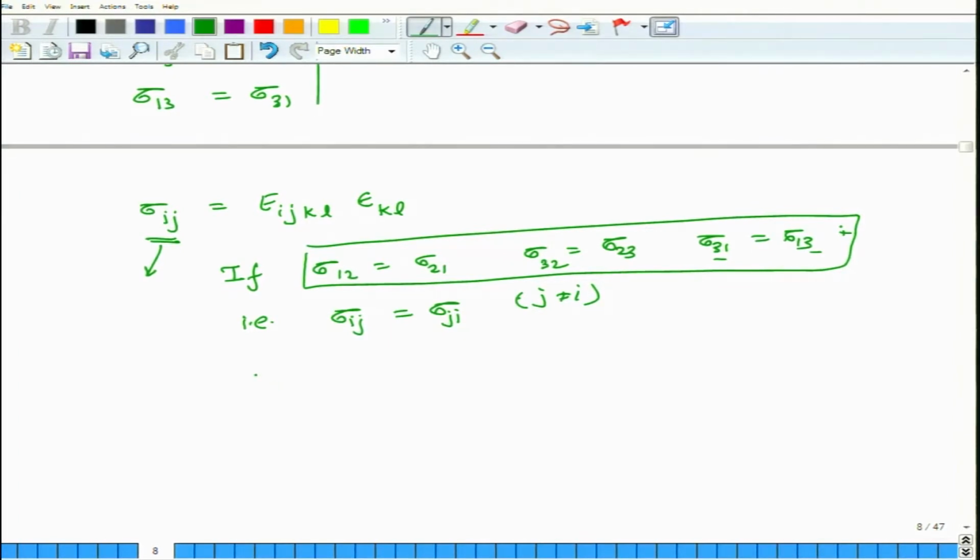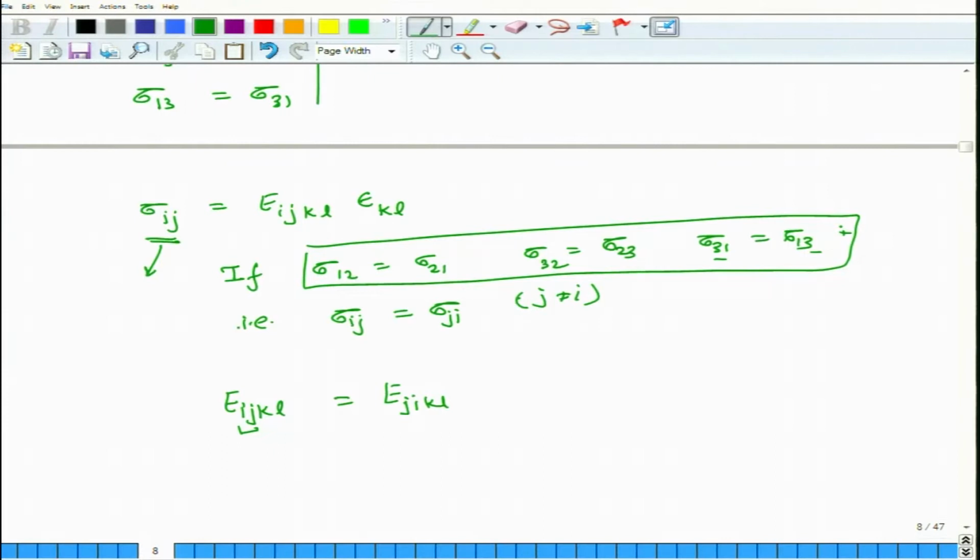So, in this term E ijkl, the total number of independent combinations, that will be true only if E ijkl is equal to E jikl, right.